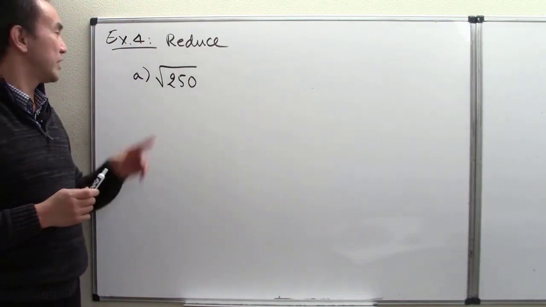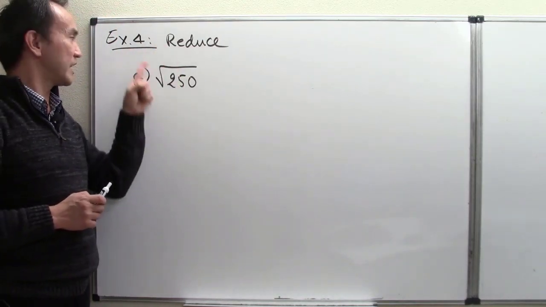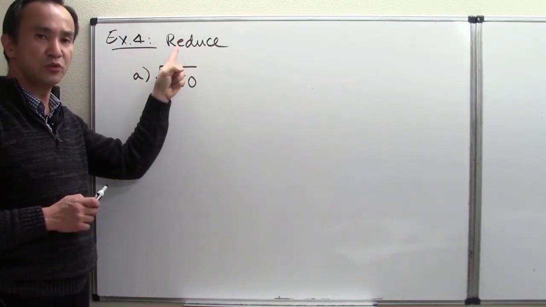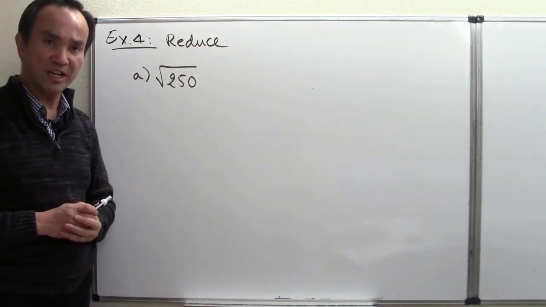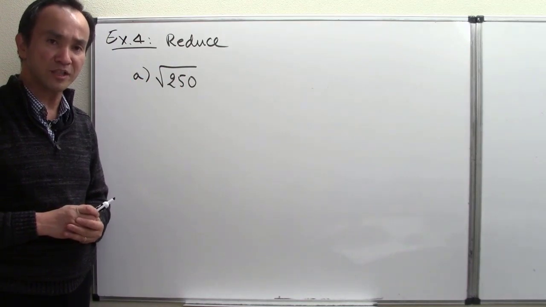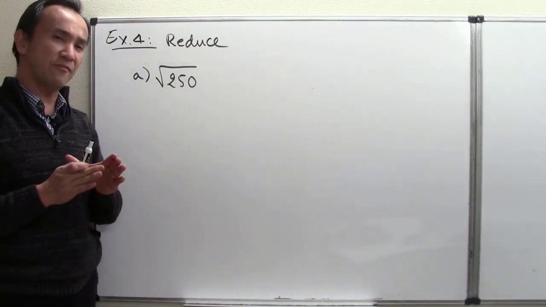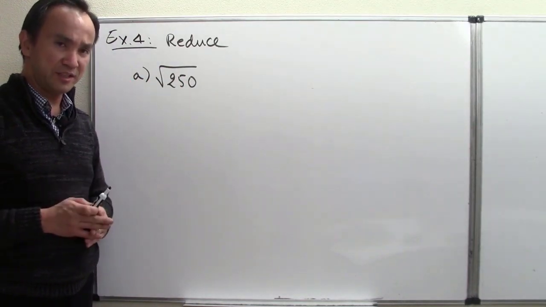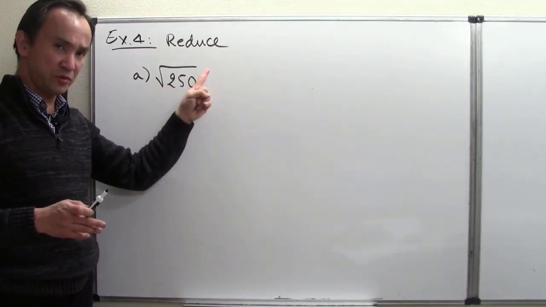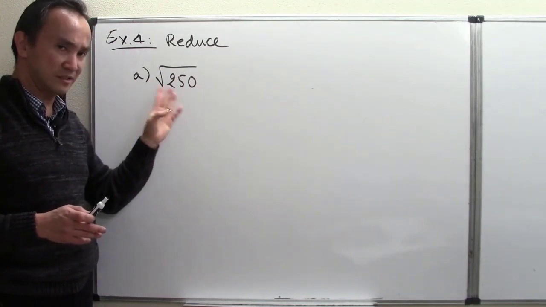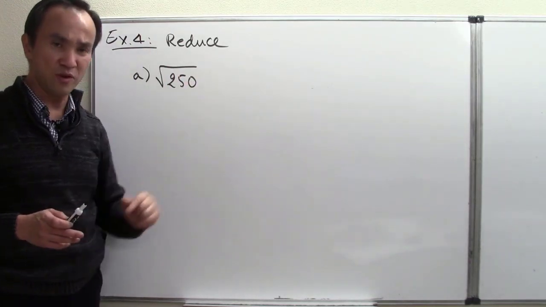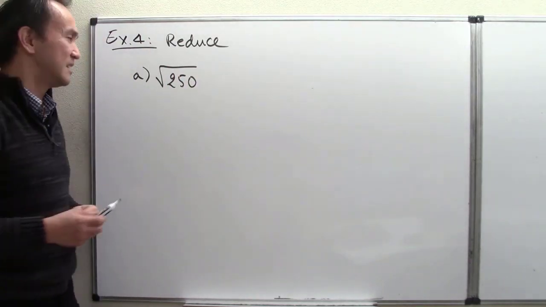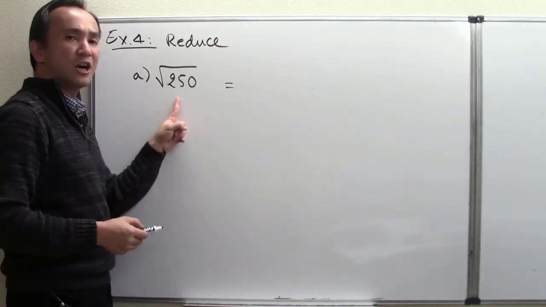All right, so we're getting into our first example, and right here in this example, we are asked to reduce this square root expression. Let's call that part A of the example. I do intend to give more than one problem in this example. We have learned the fundamental method: to reduce this square root, you can notice this number by itself is not a perfect square, so we simply look for the largest perfect square.